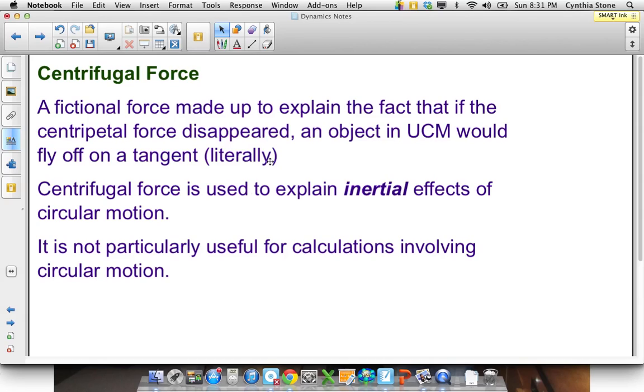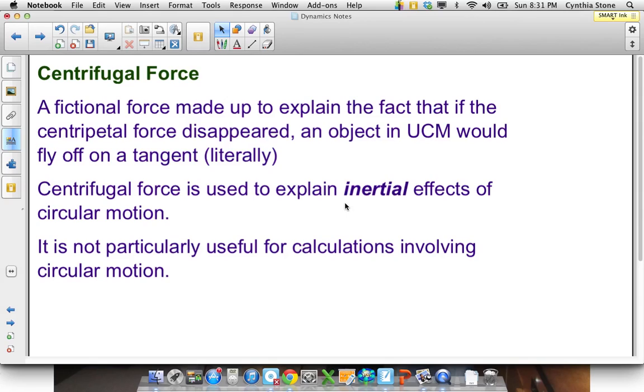So we use centrifugal force to explain inertial effects of circular motion, which means inertia. Like when you're turning a corner on the highway, you feel yourself pushed into the outside door, right? That's because your car's turning, but there's no force that's caused you to turn until you run into the door.